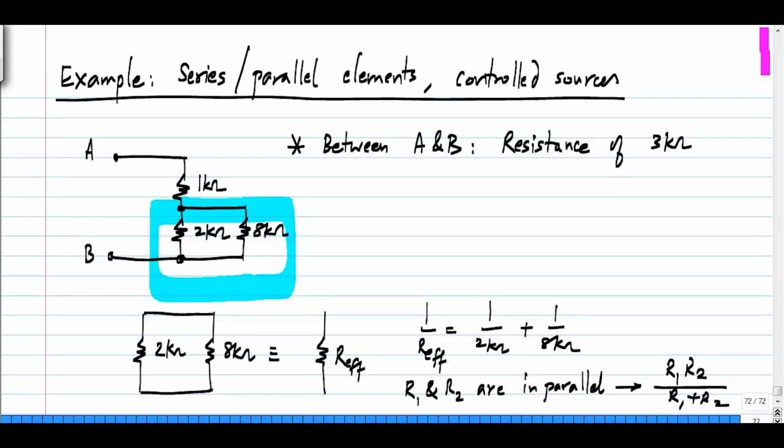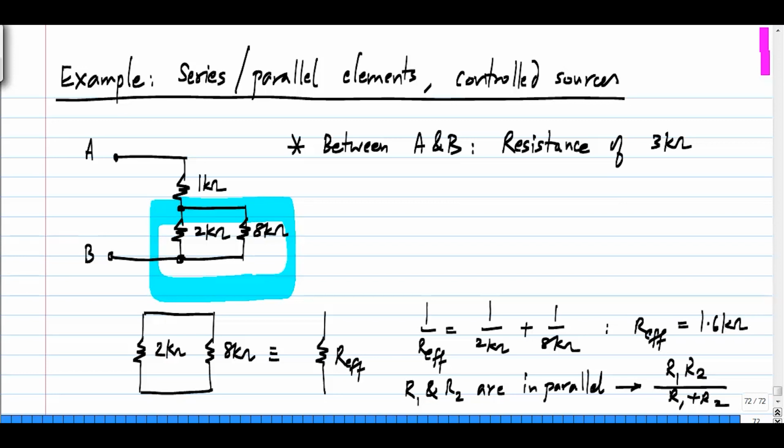Okay. This comes from the general relationship we evaluated earlier, that the reciprocal of the effective resistance is the sum of reciprocals of individual resistances. Okay. So if you calculate this, in this case, R effective turns out to be 1.6 kilo ohms.